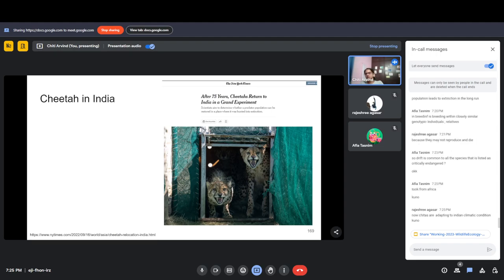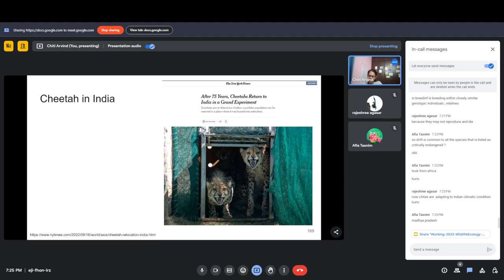Cheetahs are adapting to it. Are they really adapting? I'm not sure. But yeah. So can we call this a reintroduction? Right, it's in MP. That's correct. Can we call this reintroduction of cheetahs in India?